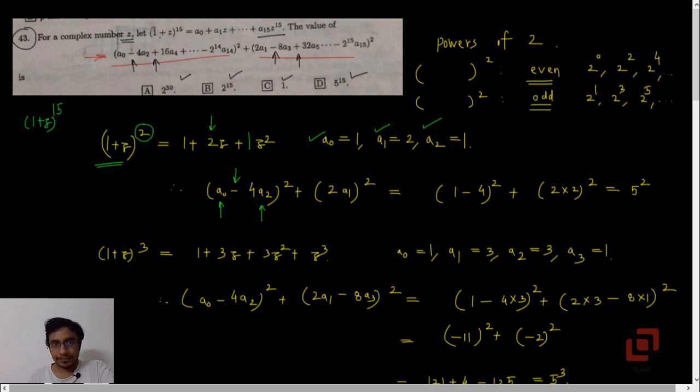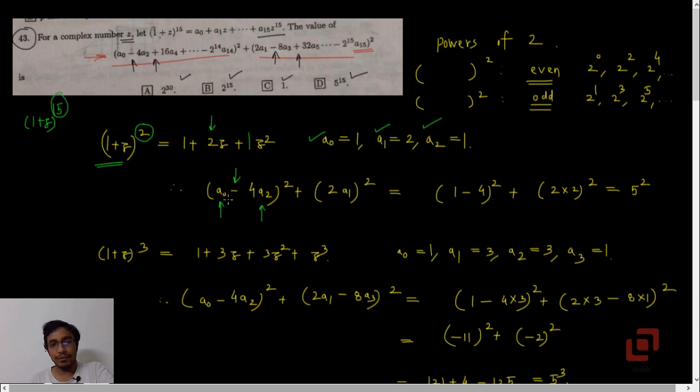Now this series ends at a15, the last coefficient, because we are expanding (1 + z) raised to 15.